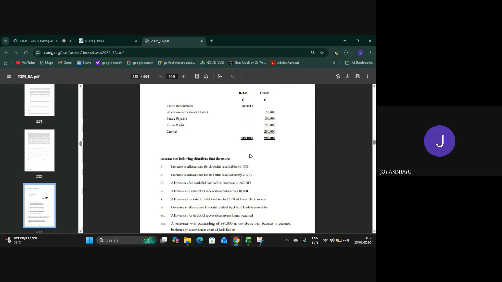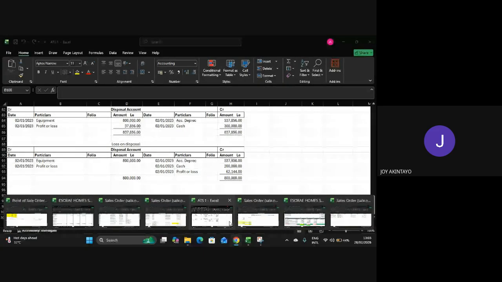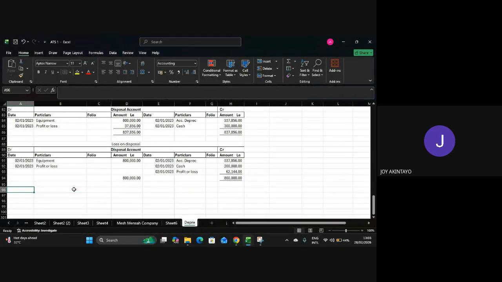So this 15% we apply on our trade receivables. Now, what's 15% of 500,000 naira? I need your response.